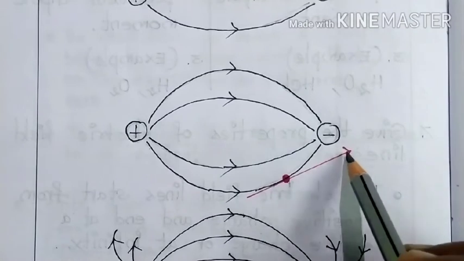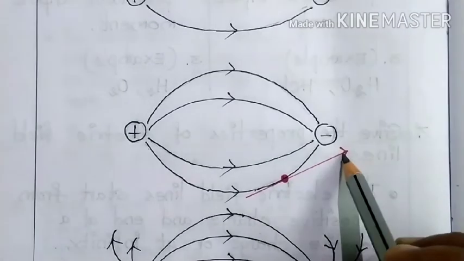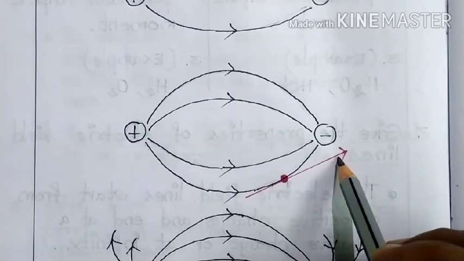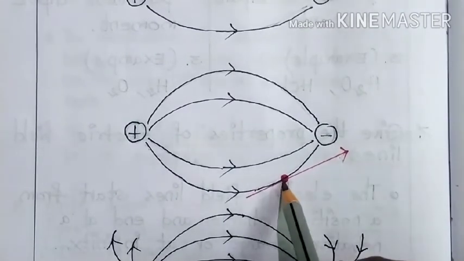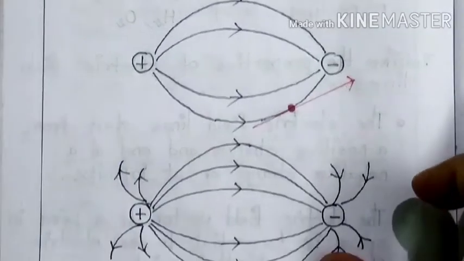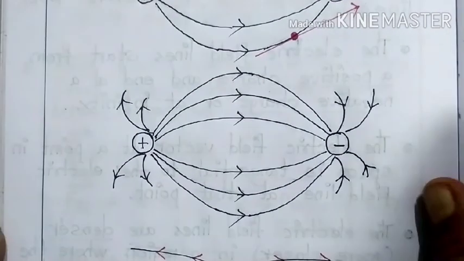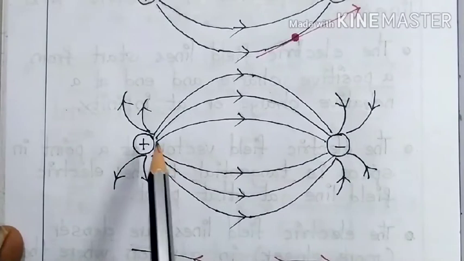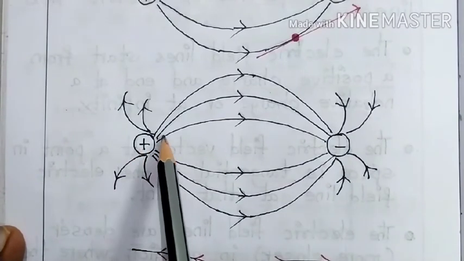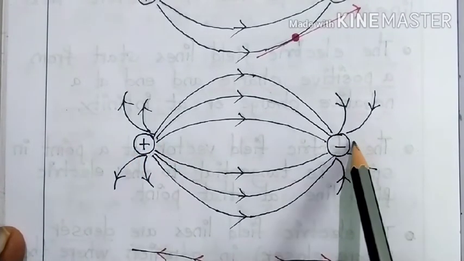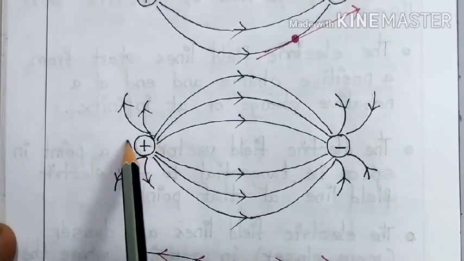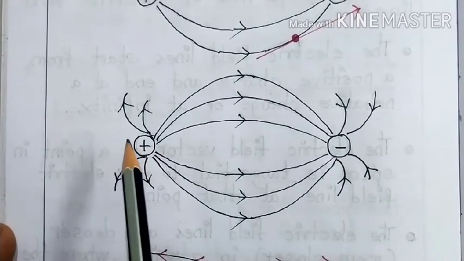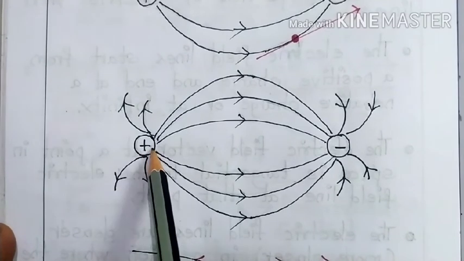Now this is the direction of this tangent, and this direction gives the direction of the electric field at this particular point. Now the third diagram is here, around this charge and also around this charge. In other words, closer to the charges, the electric field strength is more.